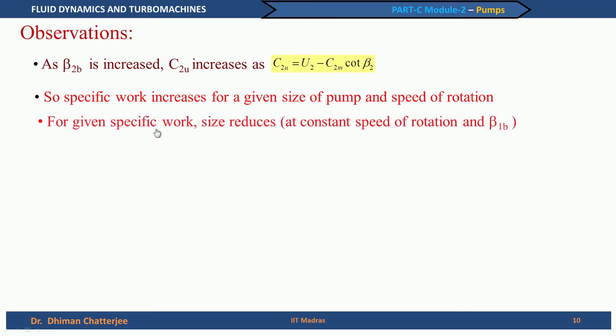For a given specific work, let us say I am interested in a given specific work. You may ask why I should keep the pump size constant. I do not need to do that. In that case, I can keep the specific work constant and reduce the size while keeping the speed of rotation constant, and of course, in all these assumptions we have made that the inlet blade angle is not changed. So, consider u2 C2u, which is my WBL infinity.